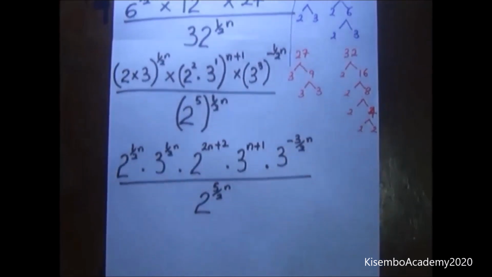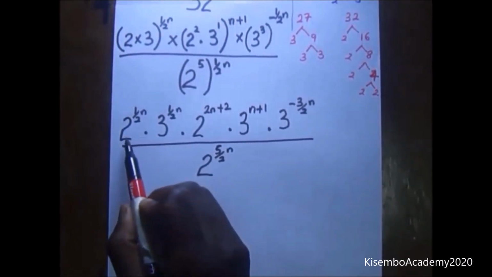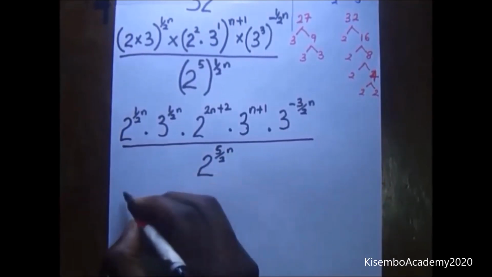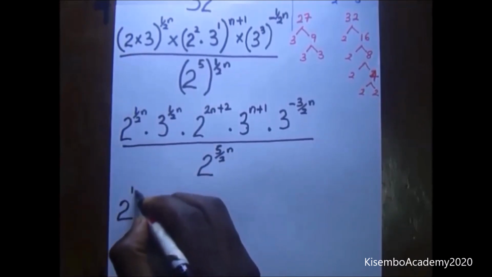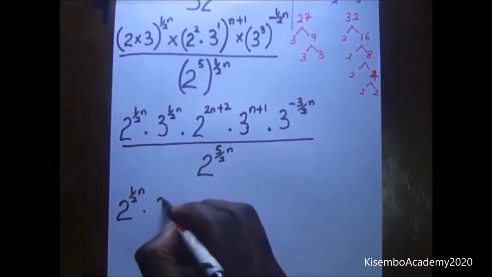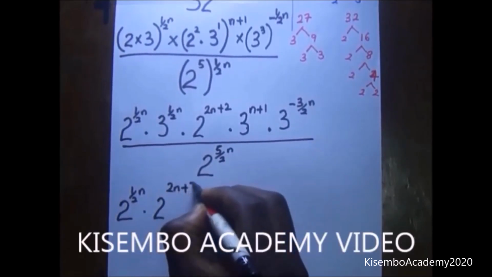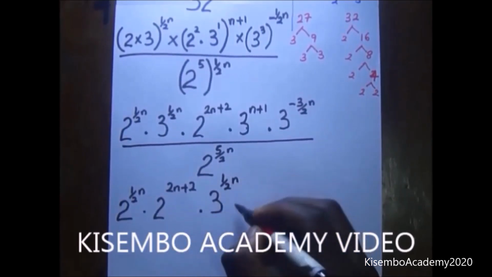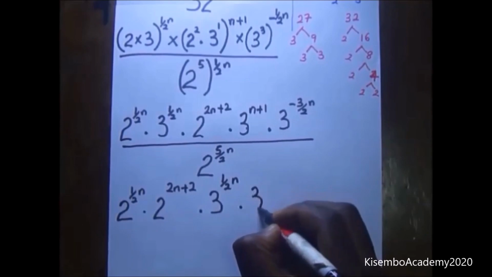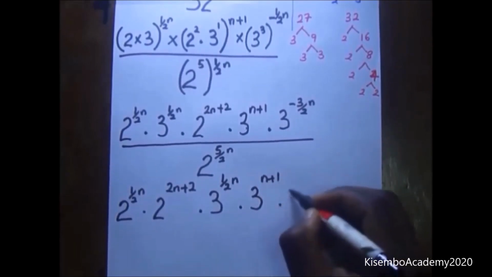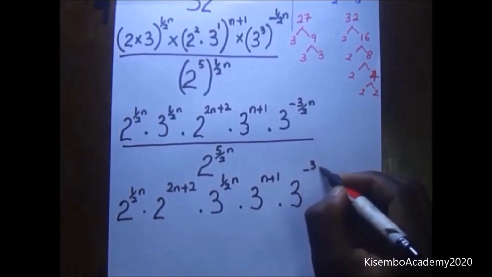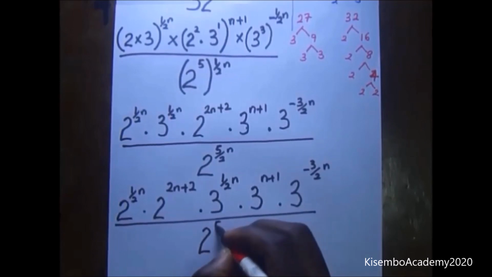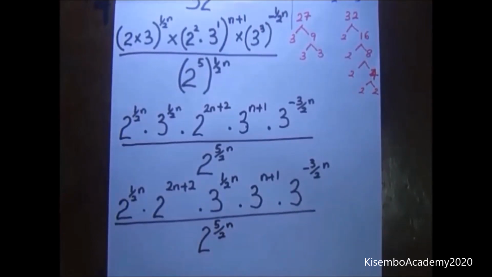So we continue with our simplification. We collect the 2's, the ones having the same bases together. So this is simply going to become 2 to the power half n times 2 to the power 2n plus 2 times 3 to the power half n times 3 to the power n plus 1 times 3 to the power negative 3 over 2n, all that divided by 2 to the power 5 over 2n.